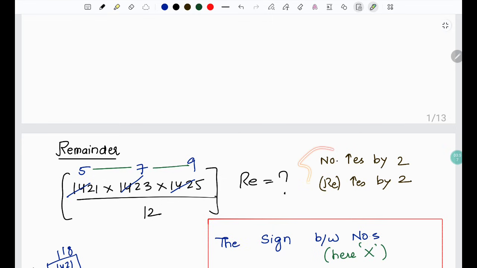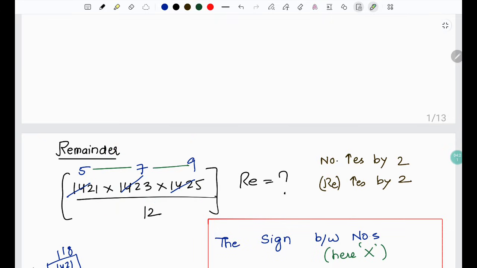In this question, the numbers are increasing by 2, as you can see, 21, 23, 25. Therefore, the remainder also increases by 2. You don't have to check all of them individually. Once you know the remainder for 1421 is 5, and the next number is just plus 2 and the next number is just plus 2, you will simply, instead of doing it individually, add 2 to the remainder, and add 2 to the next remainder.